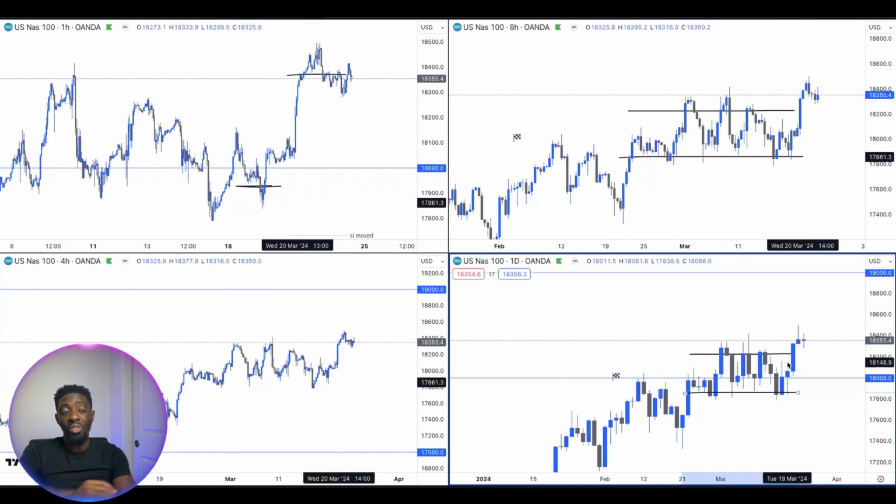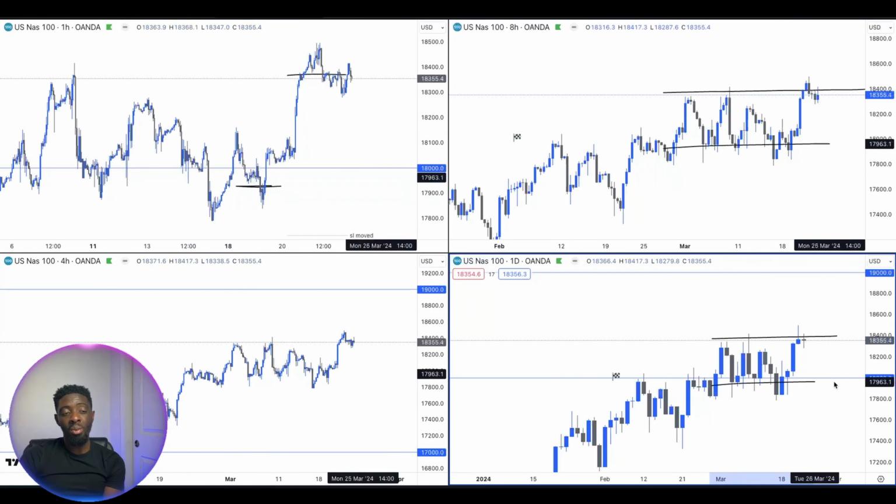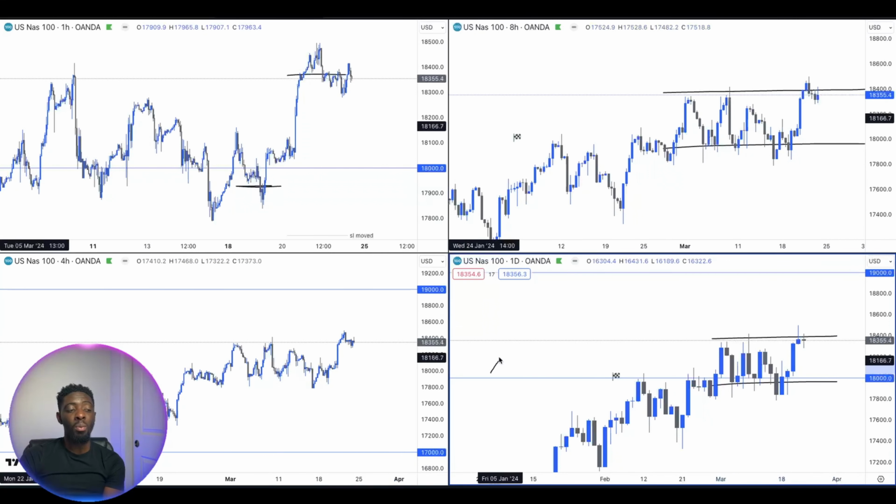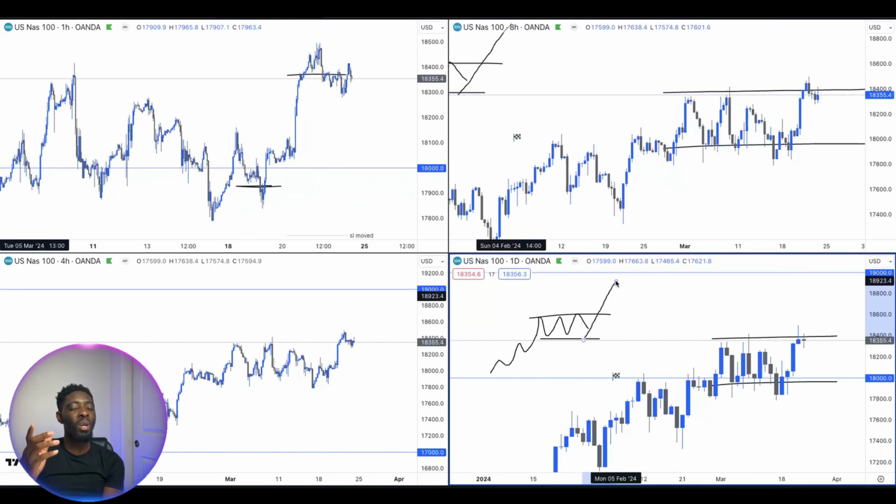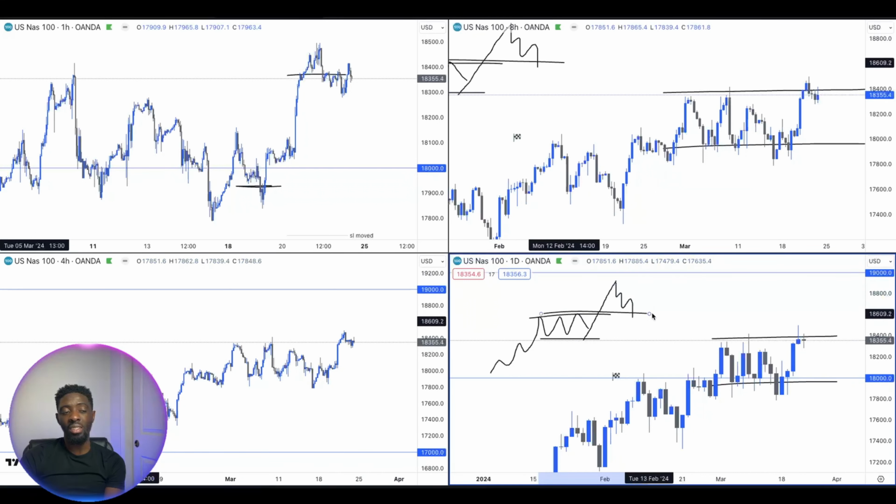Now with NAS100, it looks a little bit different compared to what we had on US30, because the consolidation is happening right here, but on US30 we had a move to the upside, we had a consolidation and a massive move to the upside. So with an example like this, you're expecting price to pull back to an area like this.